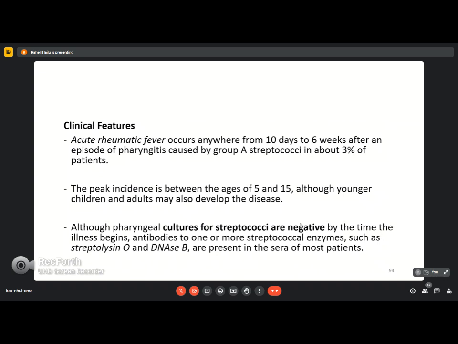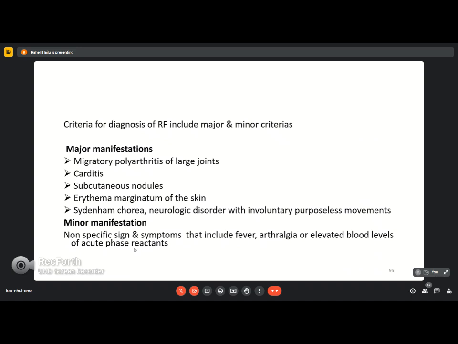The manifestations of the heart disease are a little bit progressive and they can last a bit longer. So at the time where the patient develops rheumatic carditis, the cultures for streptococci are negative. The damage is mostly mediated by the antibodies. So you would appreciate antibody tests more than an actual infective agent.